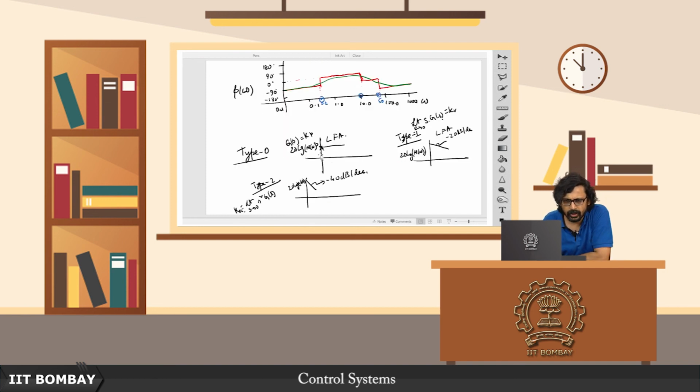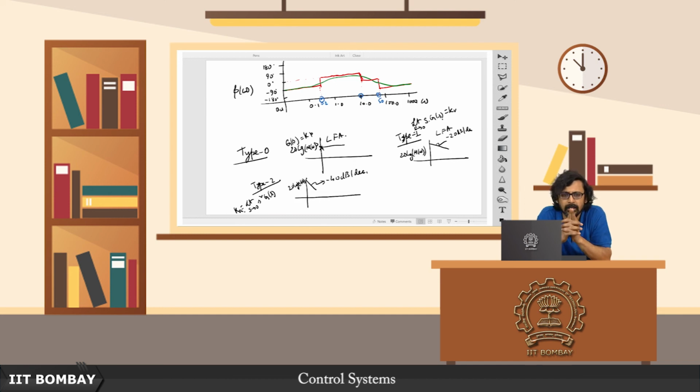Now if you think about it a bit, what is this s times G of s? If you know the Bode plot of G of j omega, the Bode plot of s times G of s, that is j omega times G of j omega, is nothing but a differentiator added to this existing Bode plot.